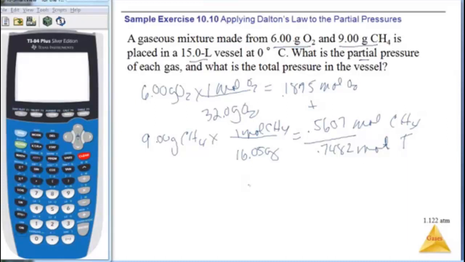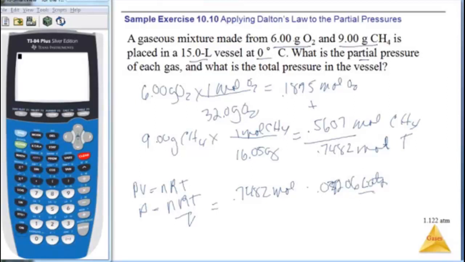So now I can solve for pressure. Pressure is PV equals nRT. P is going to be nRT over V, and that's going to be total moles, 0.7482 moles, times my R, which is 0.08206, times my T, 0 C, so that's 273 K. Now these are liters, atmospheres, per mole K, times 273, and I'm going to put that over my volume, which is given to me as 15.0 liters.